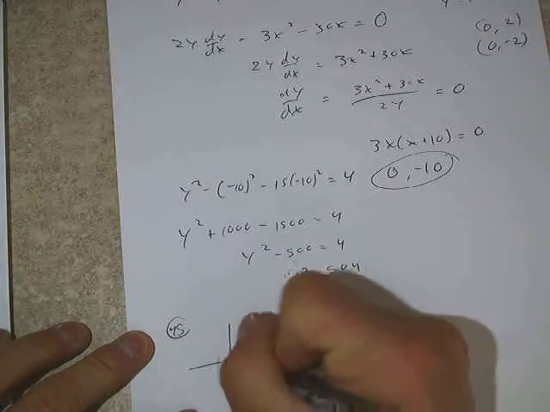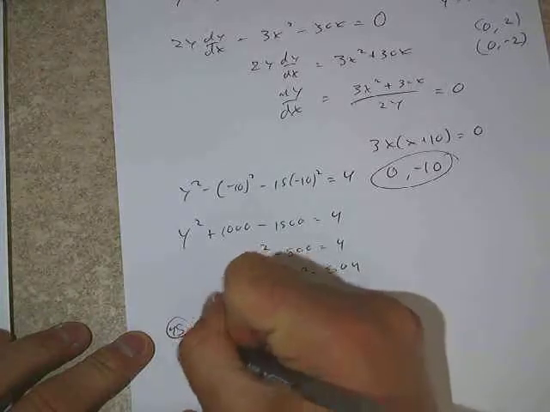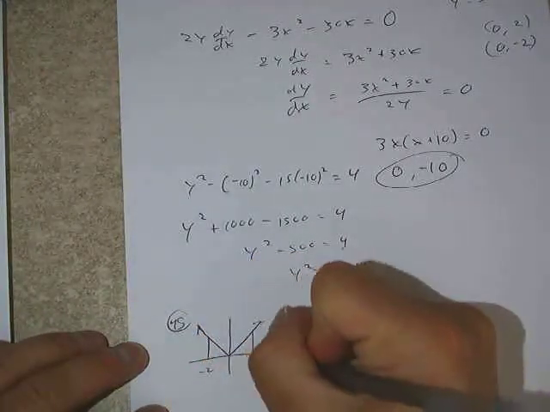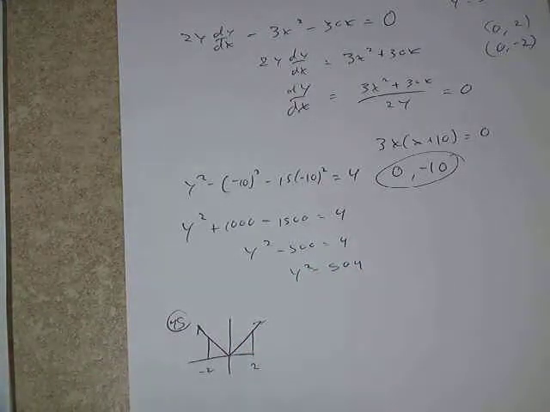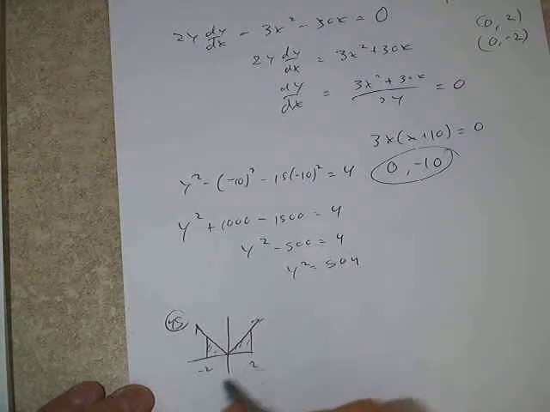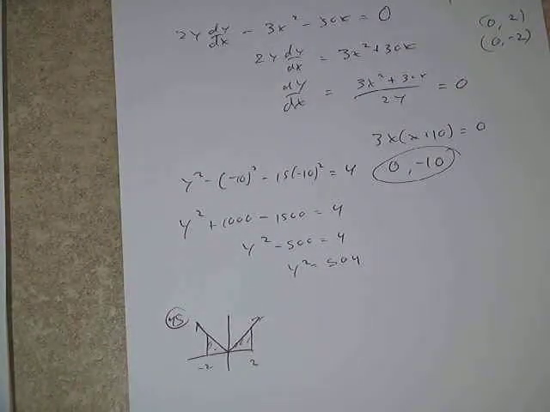45 says which of the functions given below has an average value of 0 on the interval negative a to a, where a is greater than 0. Alright, so ultimately again we're looking for which of these functions has an average value of 0 on an interval negative a to a.